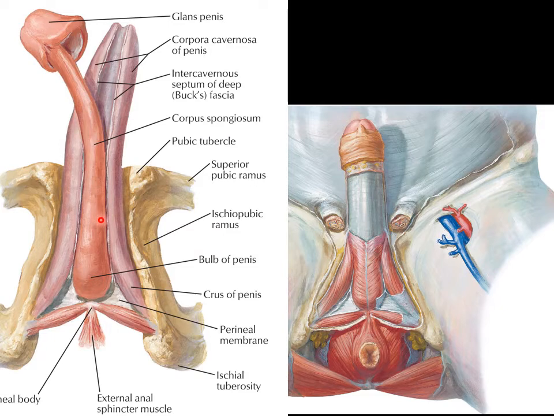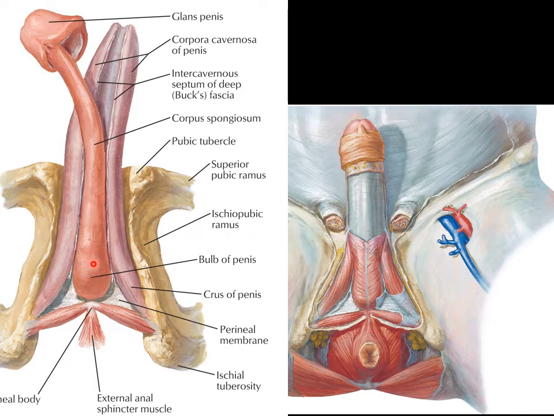the corpus spongiosum. So the corpus spongiosum fibers are fused with the undersurface of the penis, exactly the ventral surface of the penis. Anteriorly, it is elongated into a bulb-like or ball-like structure called the glans penis.